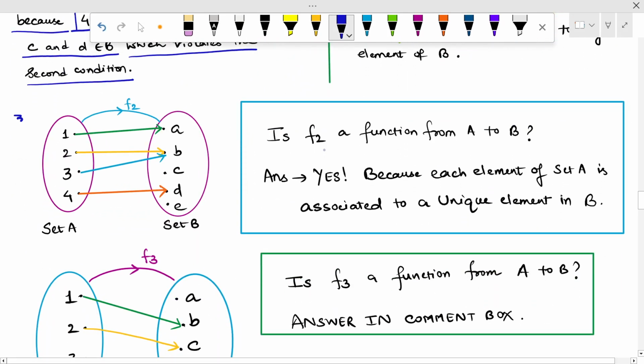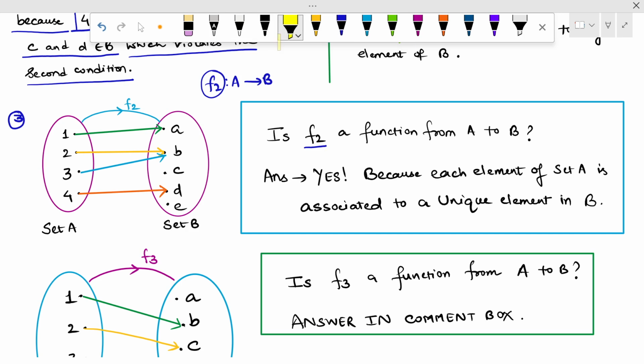This is our third example. The set is the same set. We have defined a function f2 from A to B. We have to check whether this f2 is a function or not. We have made the arrow diagram again.